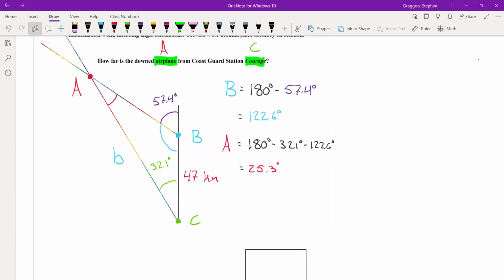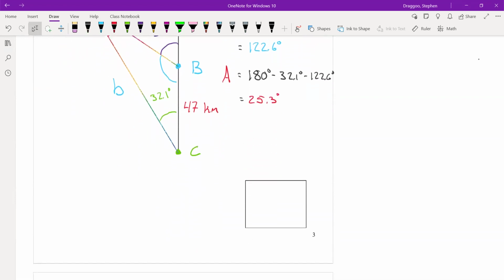So putting some stuff together, I know this 47-kilometer distance between B and C. That's the measure of length A in terms of the way that I've drawn my triangle. So I'll set up a law of sines ratio.